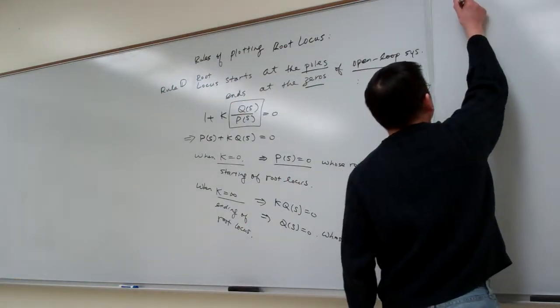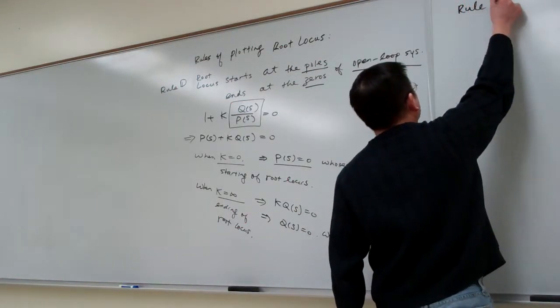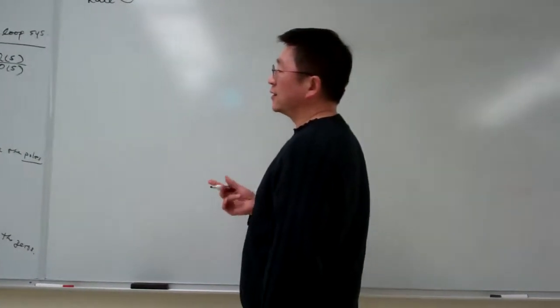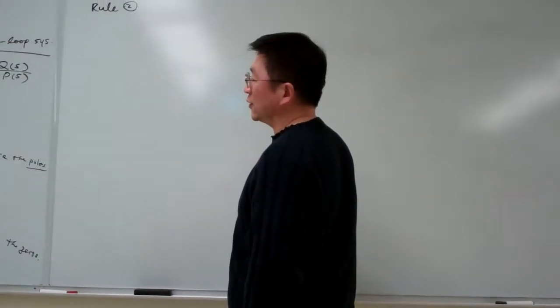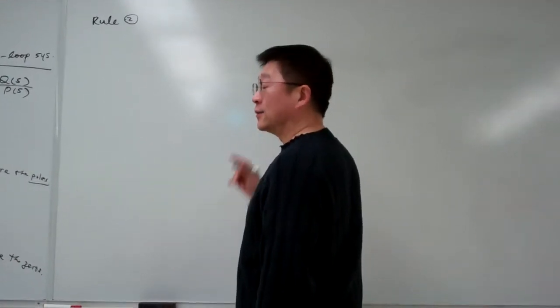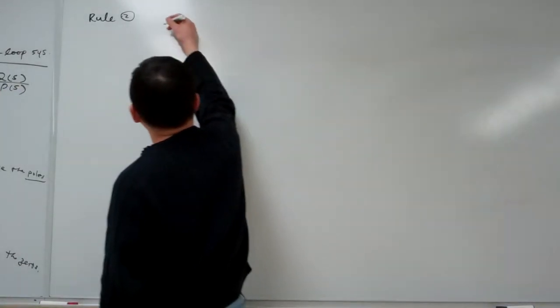The second rule is, once we identify the starting and ending points, the asymptotes.